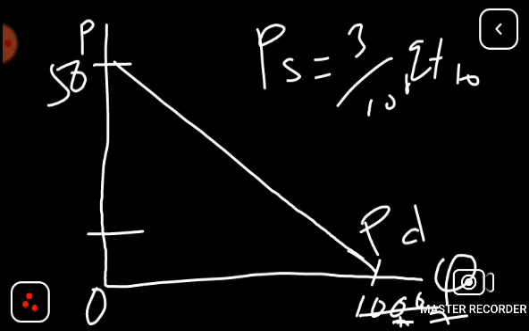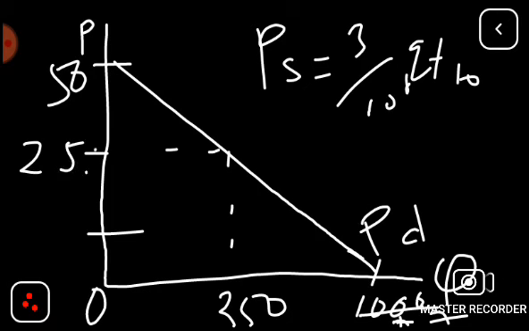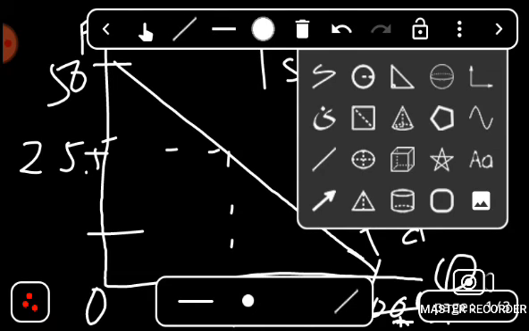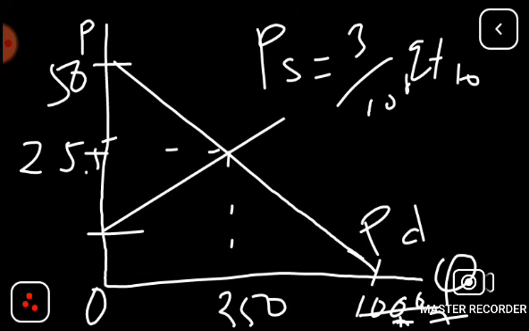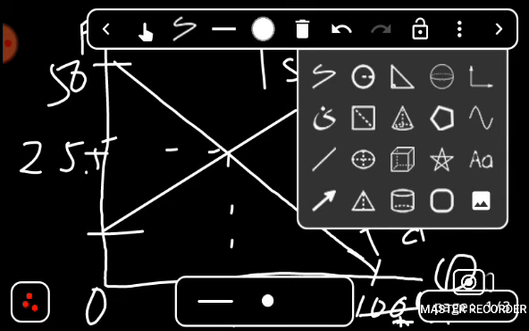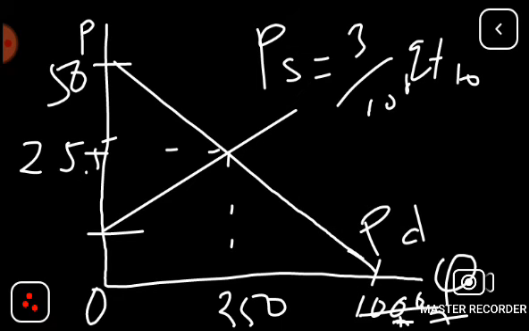At first we had 350 there, and we had 25.5, and here we had 15, but in this case now our curve has changed, in that if we put 0 here, our price will be 10. So we have our 10 now.